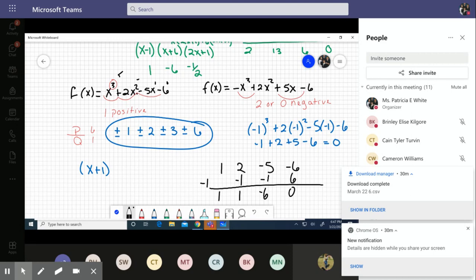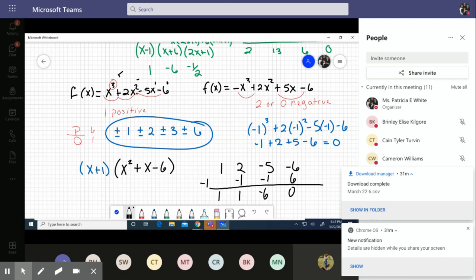Yeah. Okay. All right, so here's what I got left. X squared plus x minus 6. I need to factor that. What can I multiply to get a negative 6 and add up to get a positive 1?